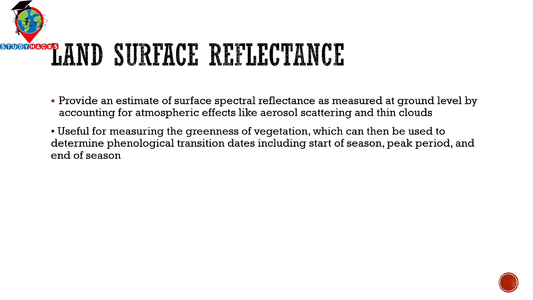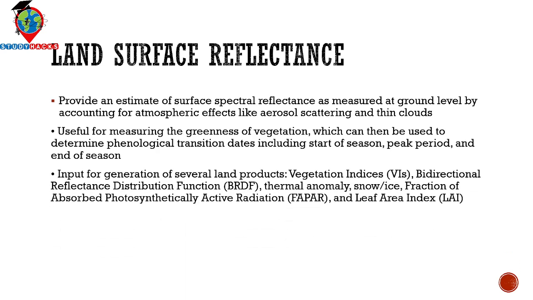Okay, and then input for generation of several land products: vegetation indices, bidirectional reflectance distribution function, thermal anomaly, snow ice, fraction of absorbed photosynthetically active radiation, and the leaf area index.